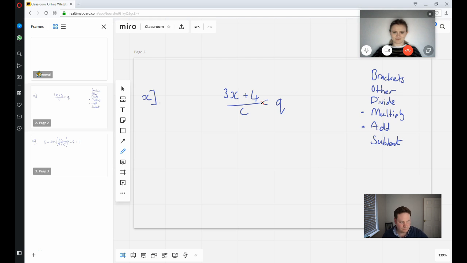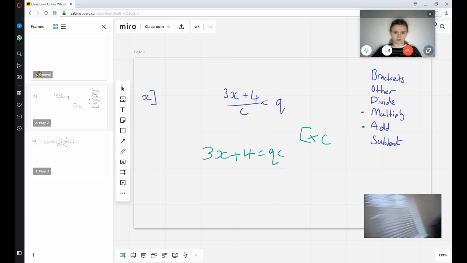So, then it'd be multiply. So you need to get rid of the 3. Right? So if we had to put brackets in, where would the brackets go?